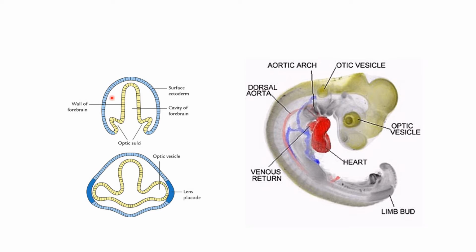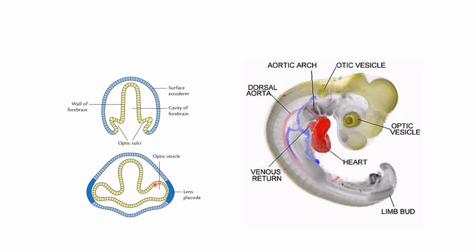Now let us see this diagram. Here is the wall of the forebrain, same thing here, and there is development of a sulcus from this forebrain vesicle. You can see here it is completely developing.